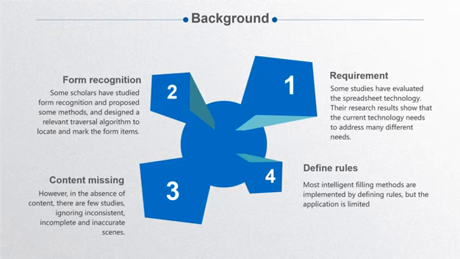The existing research and technology are mainly divided into 4 parts. Some studies have evaluated the spreadsheet technology. Their research results show that the current technology needs to address many different needs.